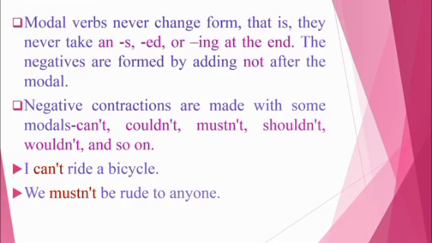Negative contractions are made with some modals such as can't, couldn't, mustn't, shouldn't, wouldn't, and so on. Example sentences are, I can't ride a bicycle. The next example sentence is, we mustn't be rude to anyone.